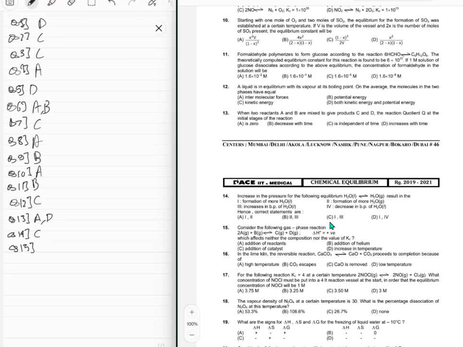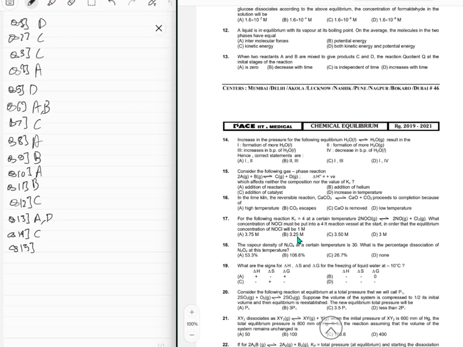Consider the following gas phase reaction. Which affects neither the composition nor the value of Kc: addition of reactants, catalyst, helium? Only D affects Kc, everything else is normal. Wait, neither the composition, so the equilibrium should not shift.